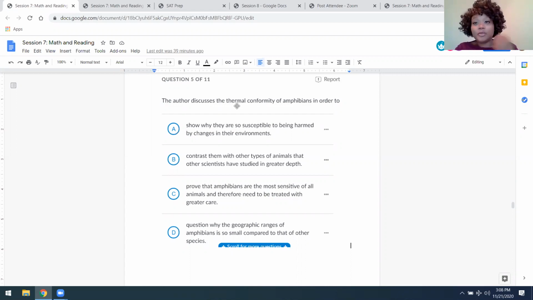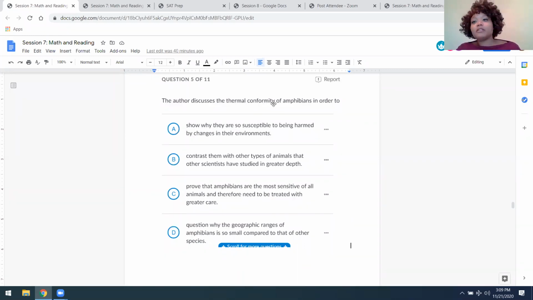Well, if you've heard of a thermal, which is like the containers you can put your coffee in to keep it hot, thermostat, that all has to do, that THERM, that all has to do with temperature. So even if you've never seen the word thermal before, you know it's going to be something to do with temperature, most likely.